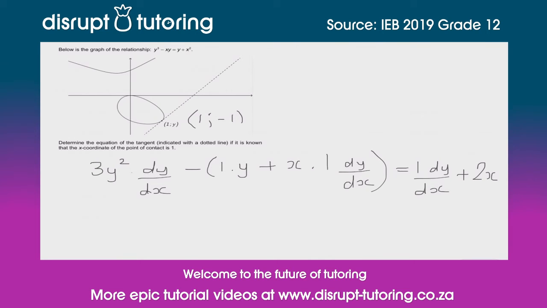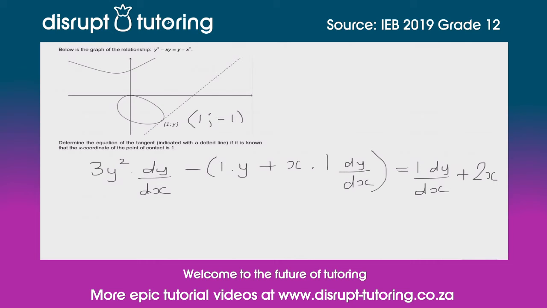So this is implicit differentiation. Now, because we need to work out the equation of the tangent, we can substitute this value for x and this value for y straight in here. We don't have to make dy by dx the subject of the formula first. We can substitute straight in.